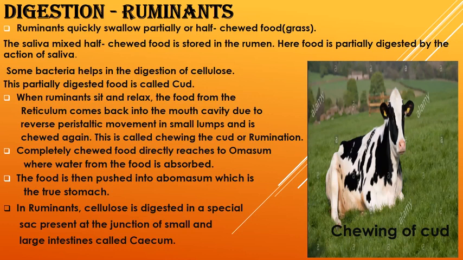Completely chewed food directly reaches the omasum where water from the food is absorbed. The food is then pushed into the abomasum, which is the true stomach. In ruminants, cellulose is digested in a special sac present at the junction of the small and large intestines called the cecum.